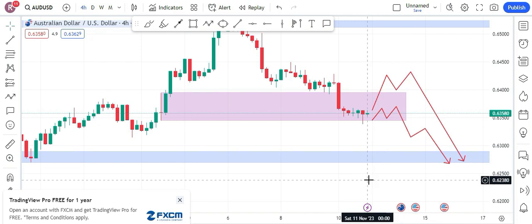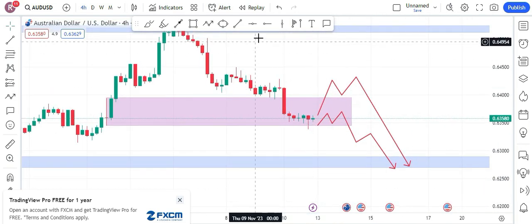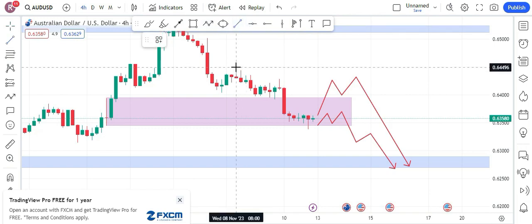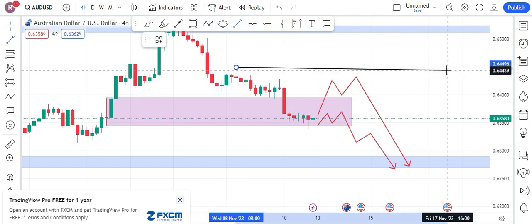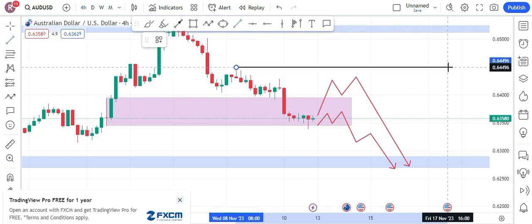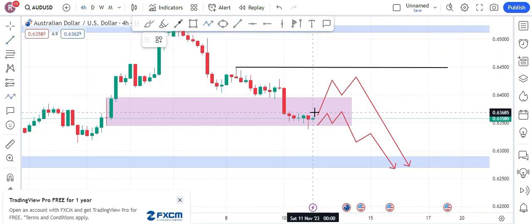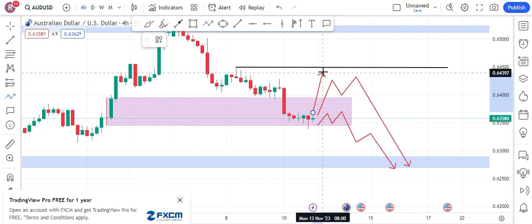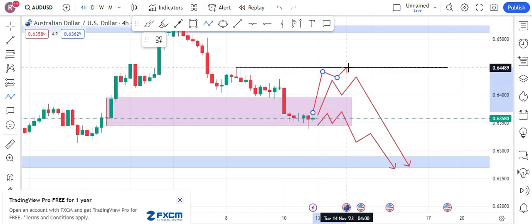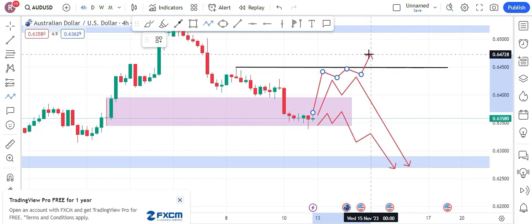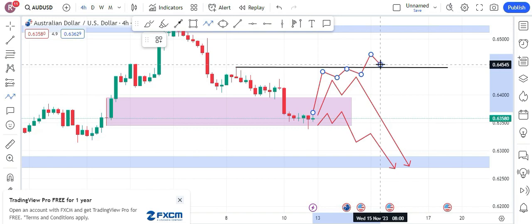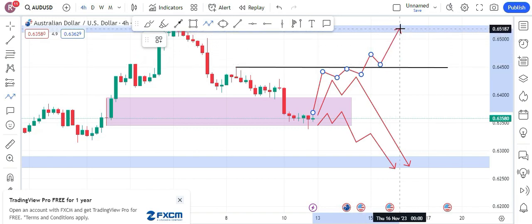On the bullish side, if the price successfully breaks this area, it will go up and make something like this, or may go up and retest here, and if it passes, then it will reach this area.